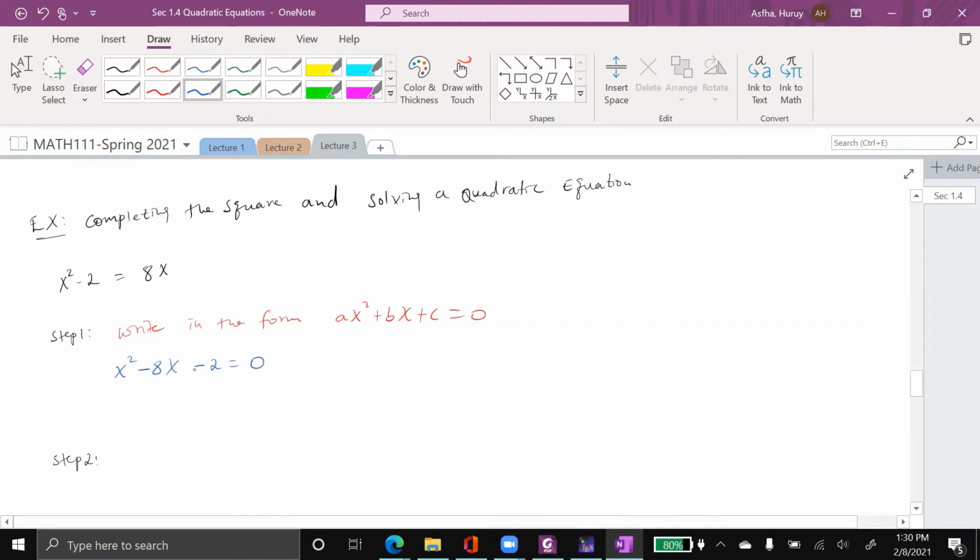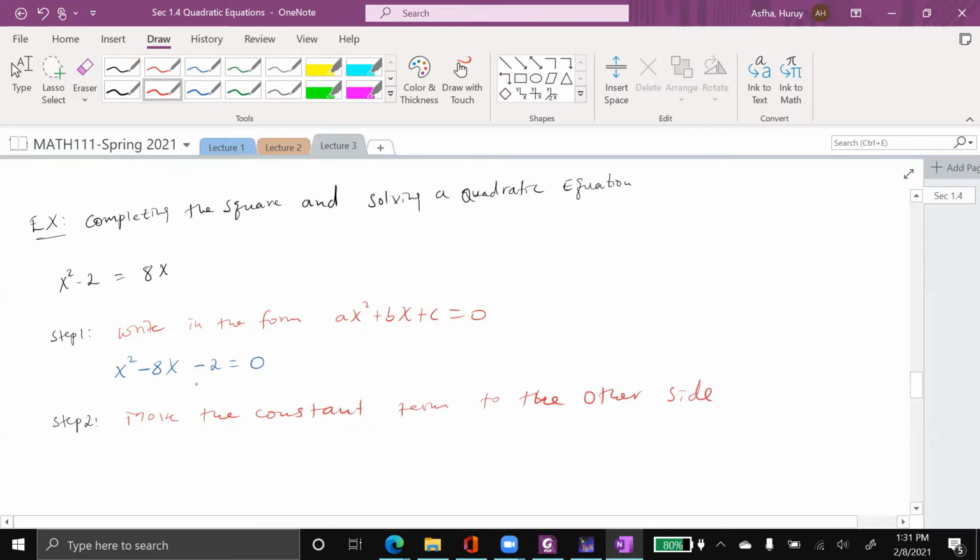And then we isolate this, or we move this constant to the other side.